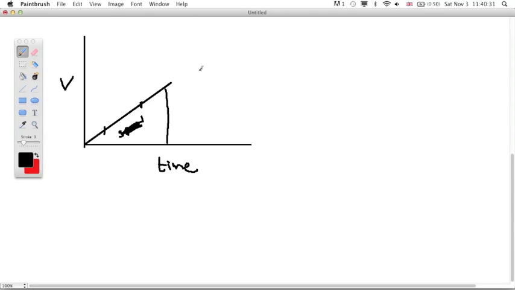Anyways, so the distance traveled, distance multiplied by speed. And what is that? Well, there isn't really anything that shows what distance times speed is. So you won't have to do areas beneath the graph for this certain graph.